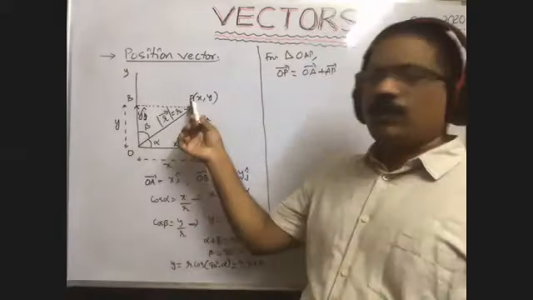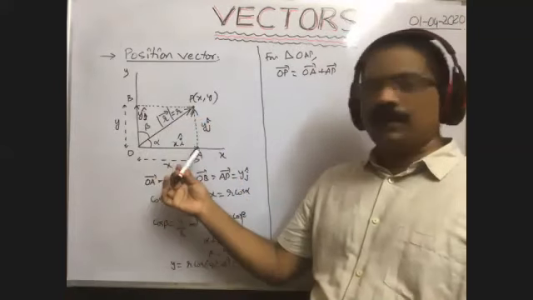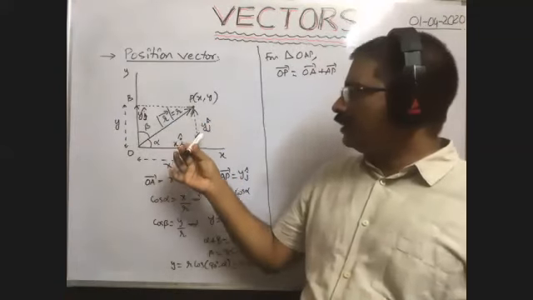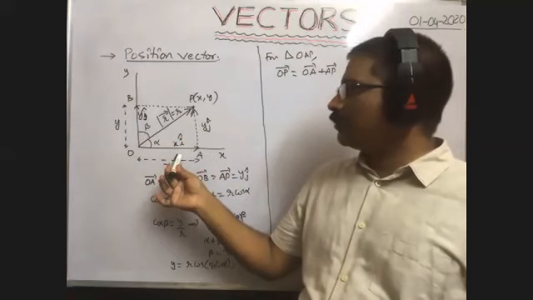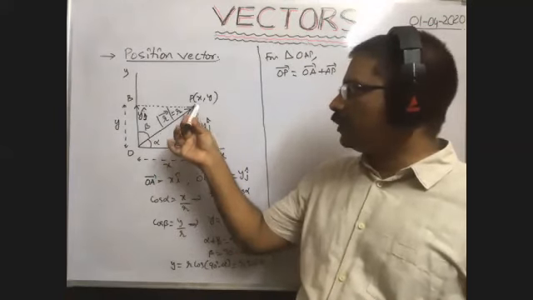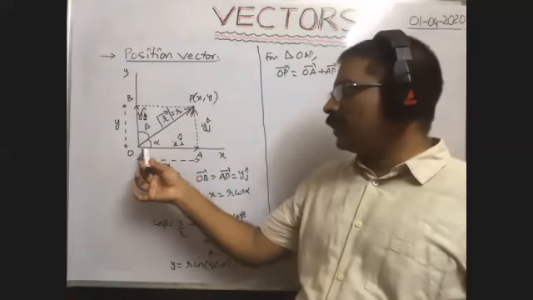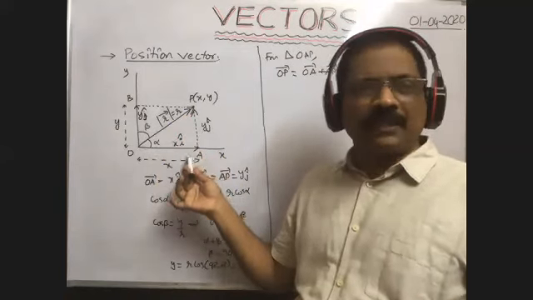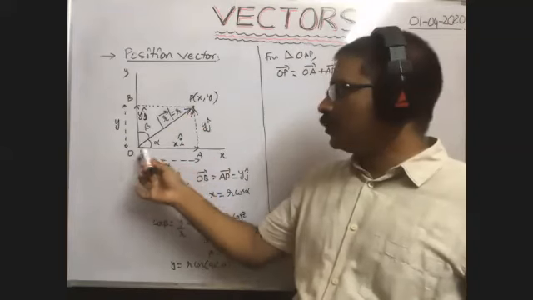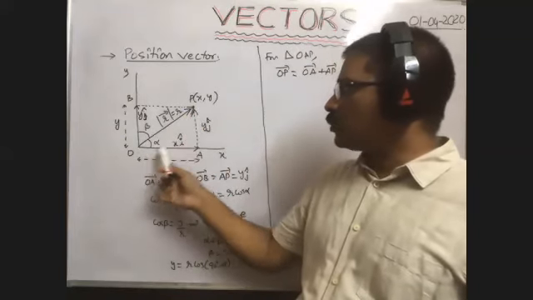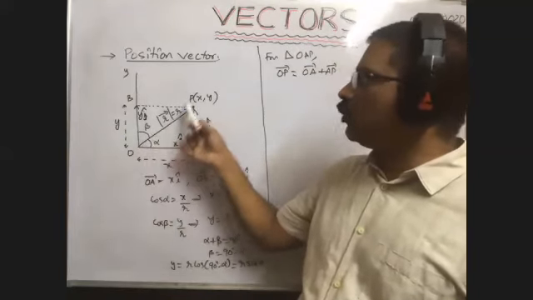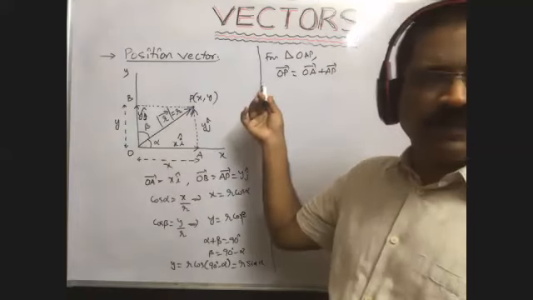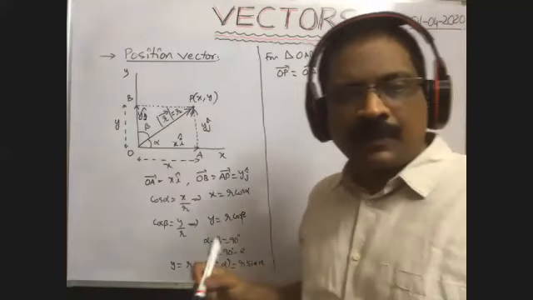OP bar is equal to OA bar plus AP bar, because this vector can be added to this one, because the initial point of this AP bar or yj cap is A. The final point of this OA bar or xi cap is A. Both coincide. That's why this can be added to this one. So OA bar plus AP bar is equal to OP bar. I have written the same.